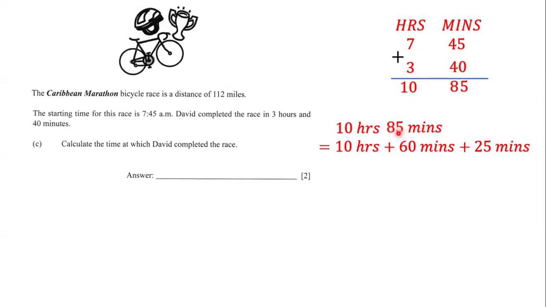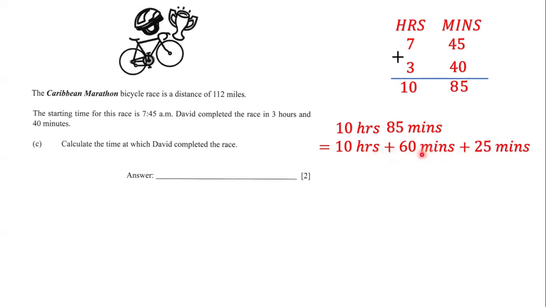We can do that because if we have 85, we can take away 60 from 85. And when we take away 60 from 85, we have 25 left. And the reason why we take away 60 is because we know 1 hour is 60 minutes.